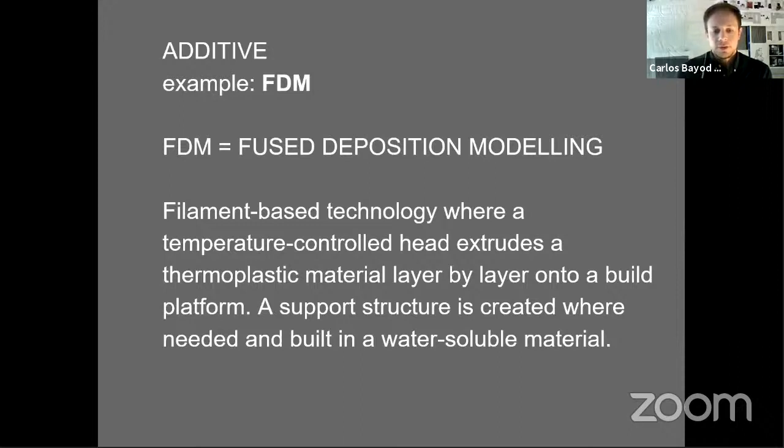And it's all about starting from a roll of thread, just like a filament that is thermosensitive. So when applying heat, it is possible to melt it and then convert it into liquid that solidifies quickly as you are creating your layer of material.